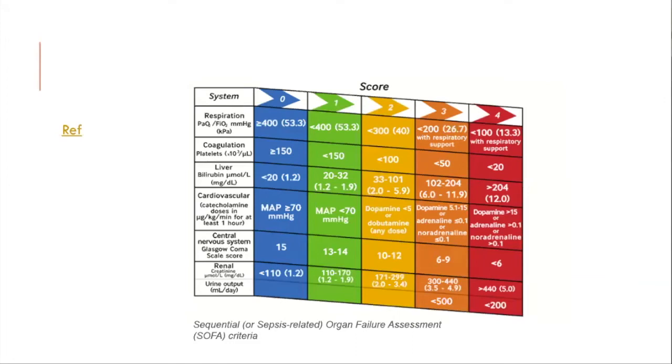The SOFA criteria, the sequential organ failure assessment criteria, is what they use to score the degree of organ dysfunction. So you can see it's broken down into respiratory, your clotting dysfunction, liver, cardiovascular, your CNS, and your renal system.